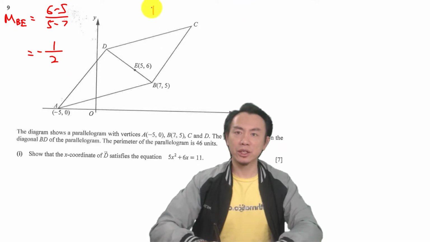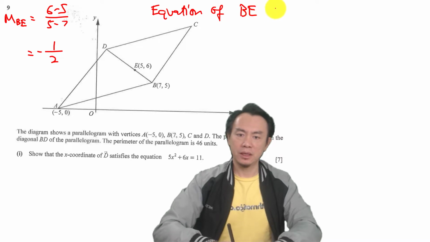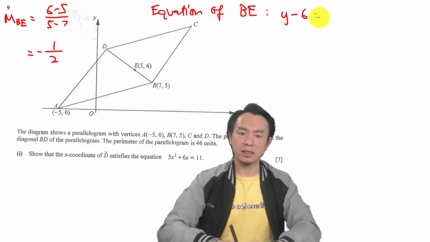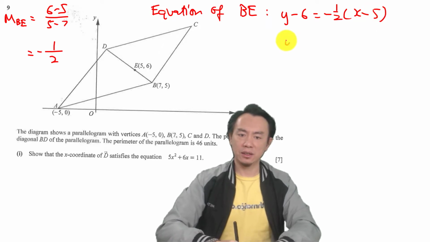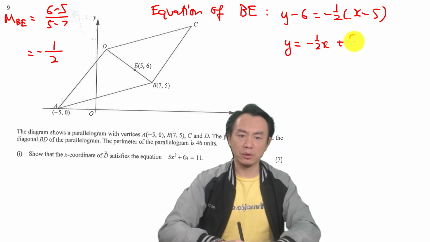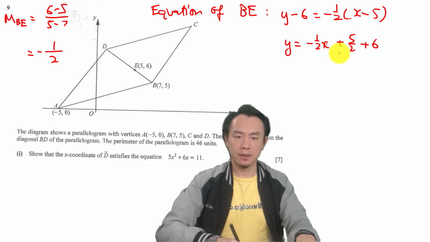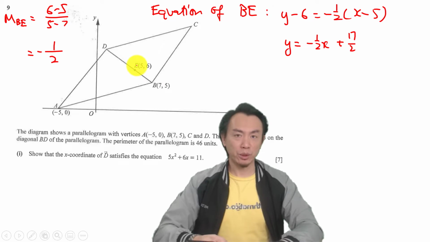Then we say that the equation of BE is y minus y1, let's use the point 6, equals gradient, negative half, times x minus 5. Okay, so y equals negative half x, this one is positive 5 over 2, plus 6, 17 over 2. Okay, so just write 17 over 2. Alright, so we have the equation of BE.